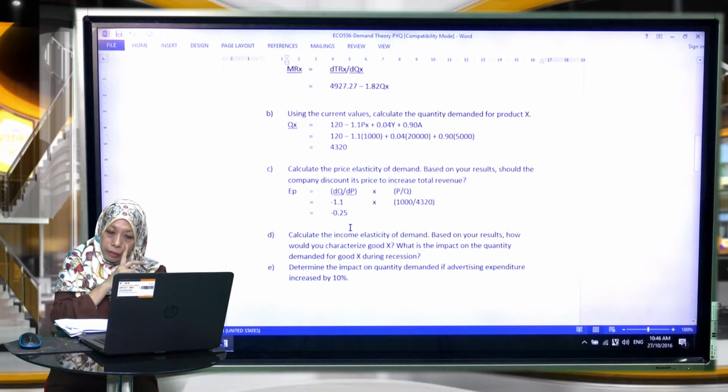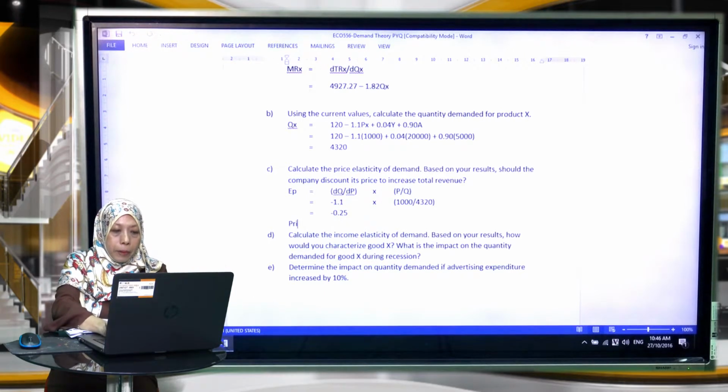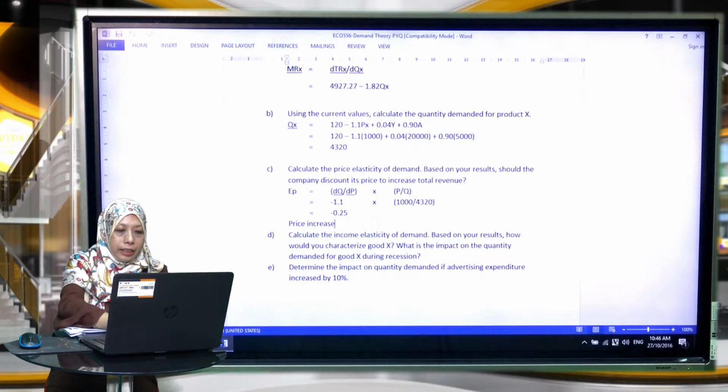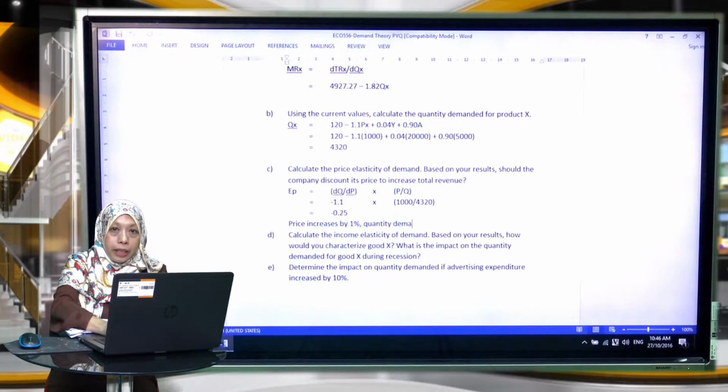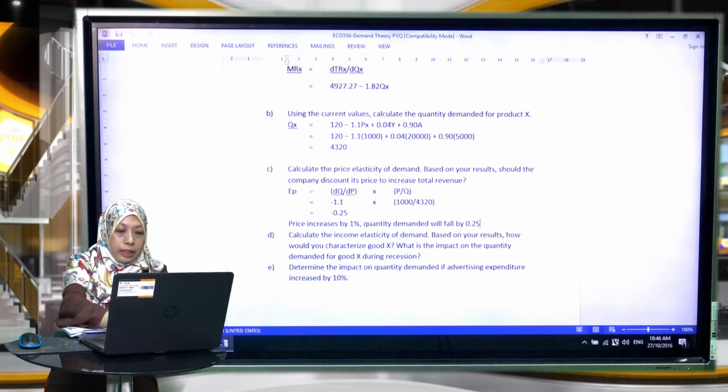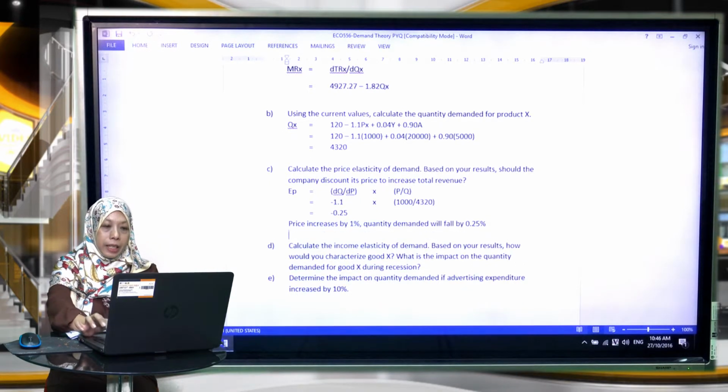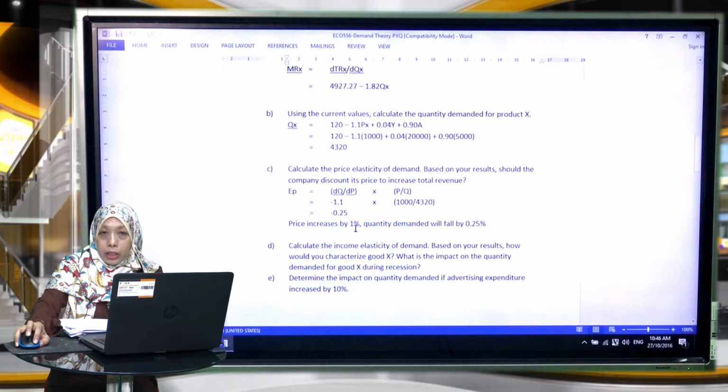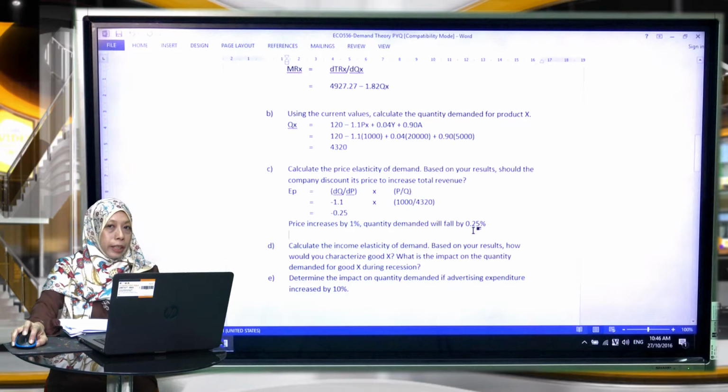The coefficient simply tells you when price increases by 1%, quantity demanded will fall by the value of the coefficient, which is 0.25%.